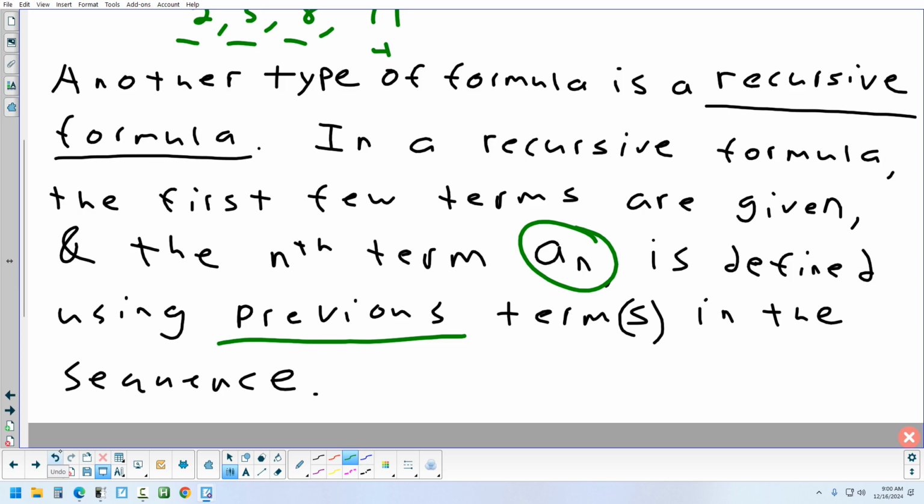In a recursive formula, the term that you want to find is calculated by looking at the one that comes before it. If you don't know the one that comes before it, you need to figure that one out. And then if you don't know that one, then you need to go back another one and figure that one out. And you have to work your way all the way back to the beginning just to get one term that you want.